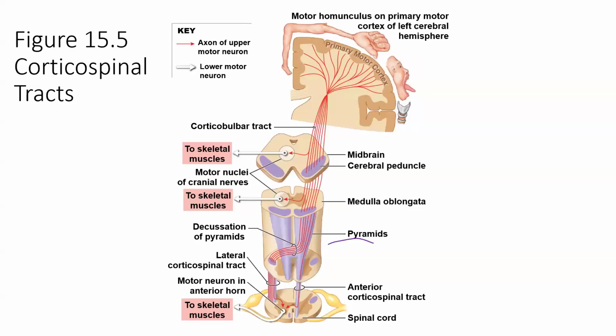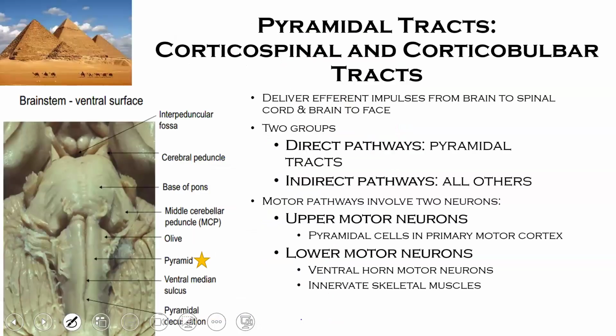Sometimes it is going to be called the pyramidal tract, okay? They just like to give nicknames, okay? The pyramidal tract, because the cells look like little pyramids. And then some of it's going to cross over here and then go out to the skeletal muscles. Some of it's going to stay on the same side.